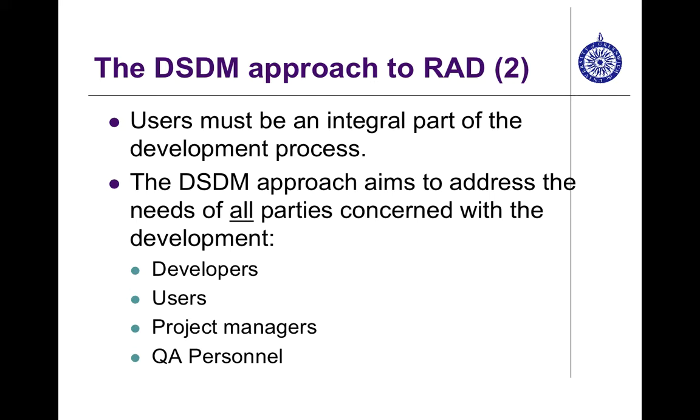For DSDM Atern, the principles were refined to 8. That is a little bit different. The original DSDM had 13 principles, the new DSDM from version 2 had 9 principles, and DSDM Atern, the lighter version of DSDM version 2, has 8 principles.